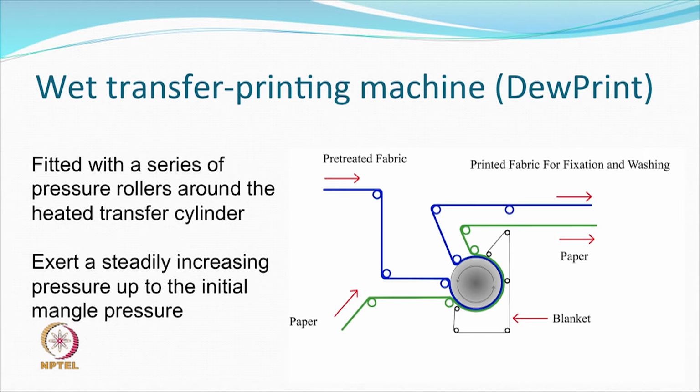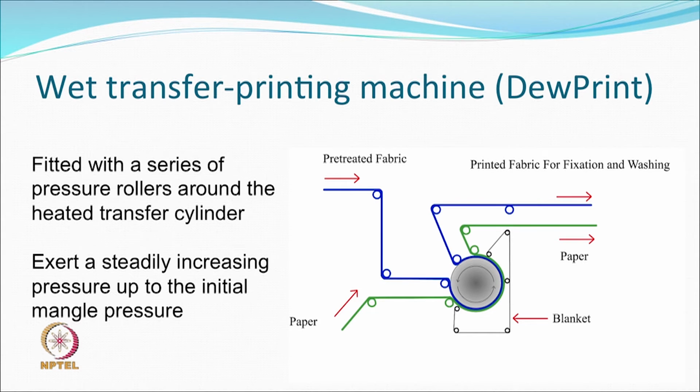In the beginning the pressure is less when the transfer is taking place, and the pressure increases as this fabric goes from this side to this side before exiting, just making sure that the initial pressure is not exceeded, that is all, but hopefully you would have transferred all the dye. So, this machine was special till that time. This machine was brought into the market.